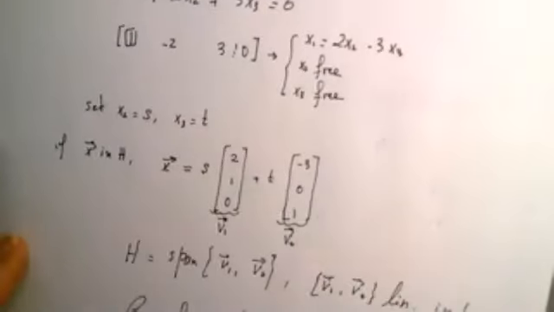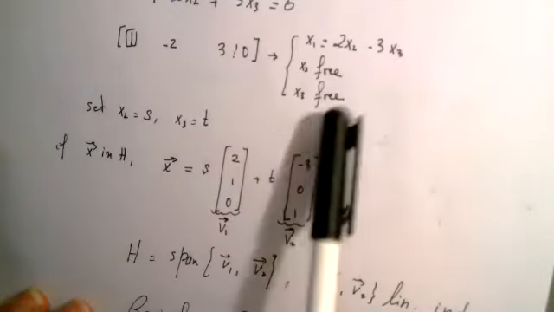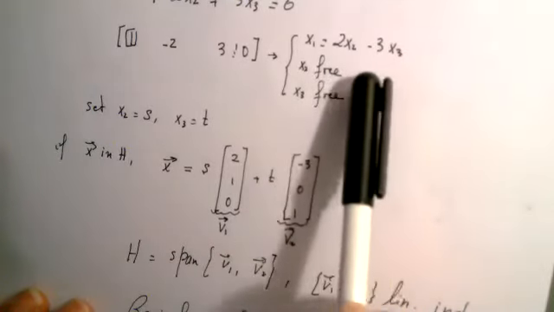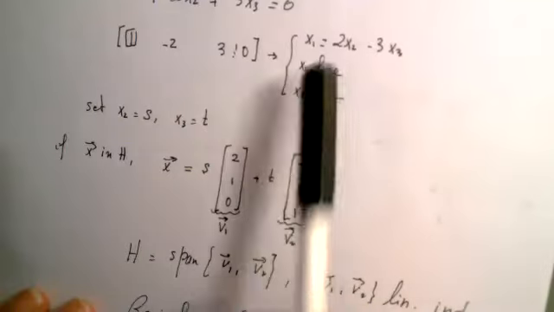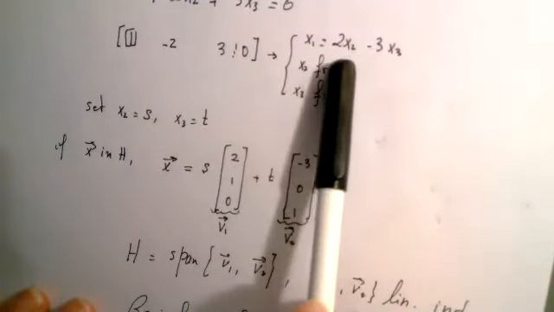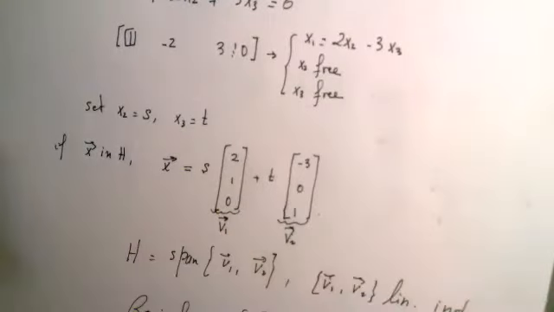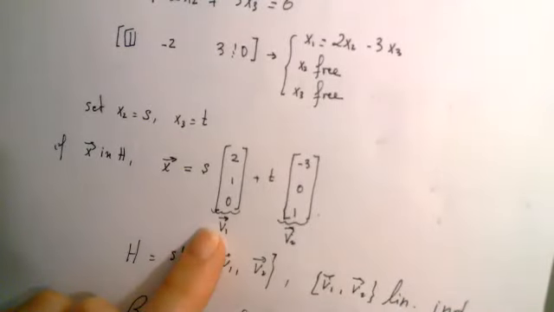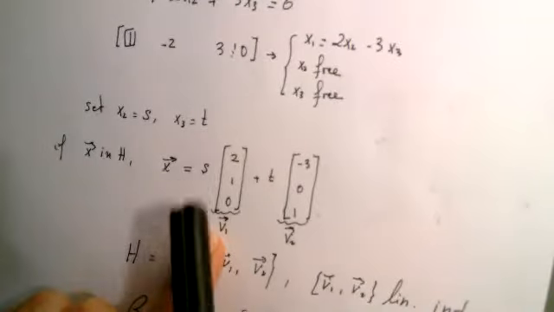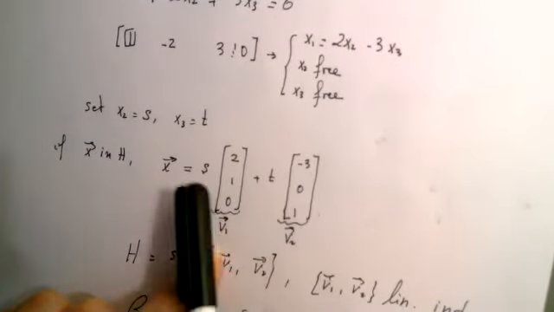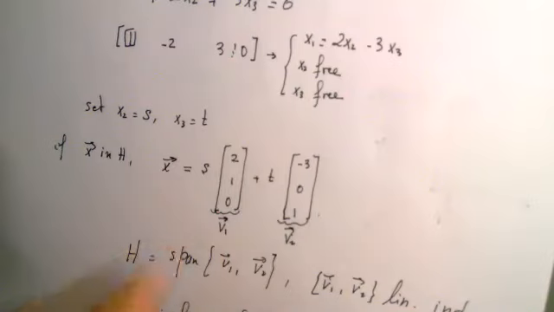So we're going to write them in parametric vector form. That's the way we move. I put x2 to be s, x3 to be t. So x1 is going to be 2s minus 3t. So I decompose it: 2s minus 3t for x1, x2 is s, and x3 is equal to 0 in the first vector.